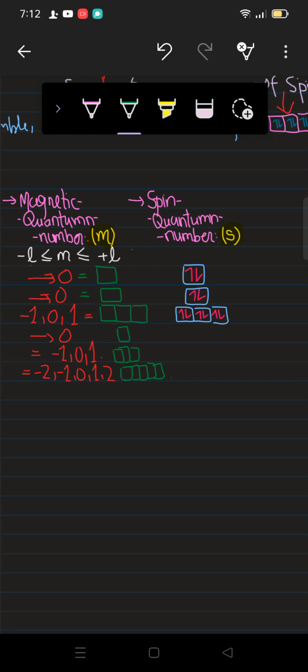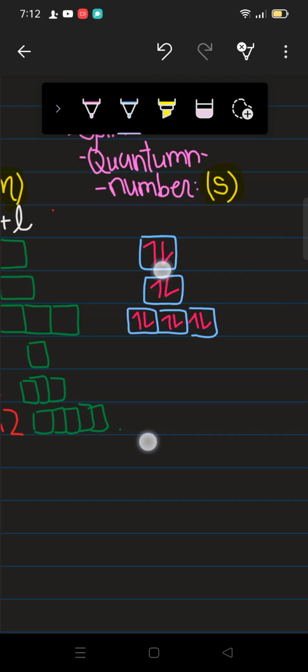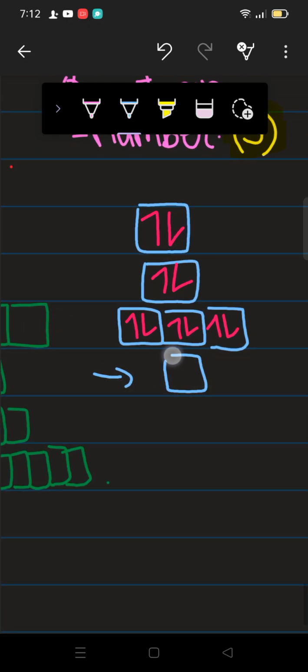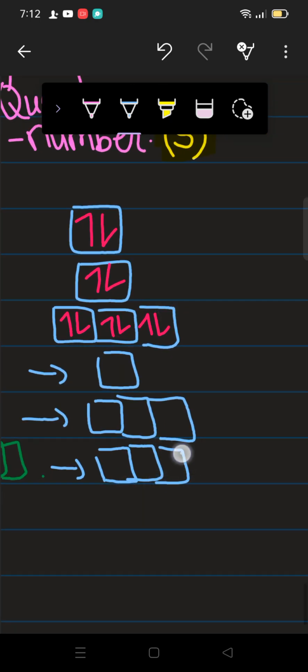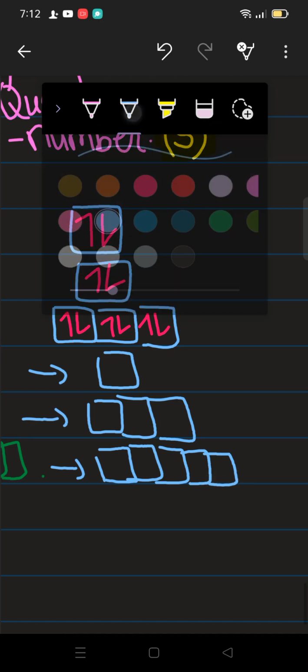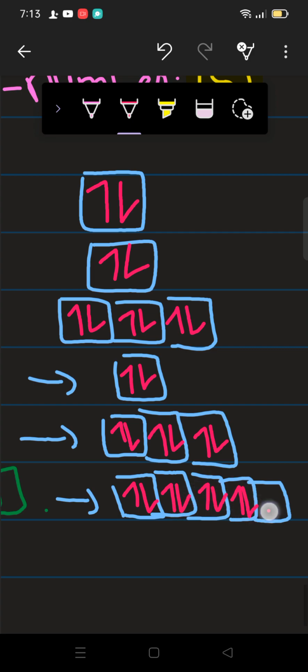Like this, we're gonna see why we have 7 orbitals in F as well. Here we have only one orbital, so 2 electrons; here 3 orbitals, so 6 electrons; here 5 orbitals, because this is D, so 10 electrons. Now let's make the spinning of the electrons: 2 electrons in each orbital.